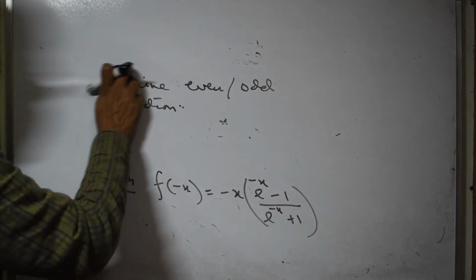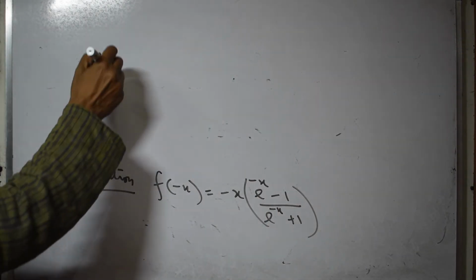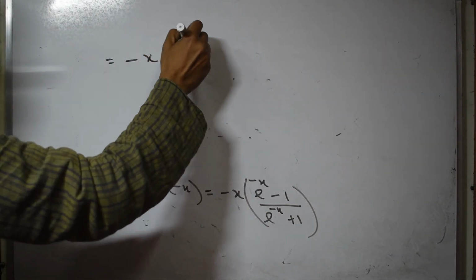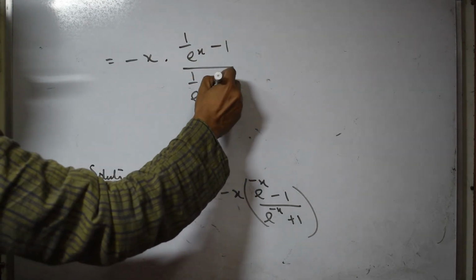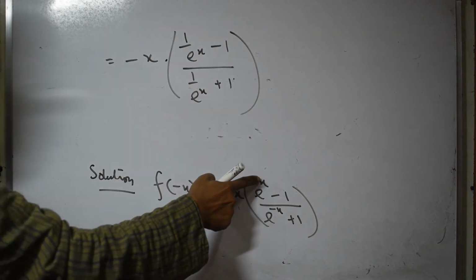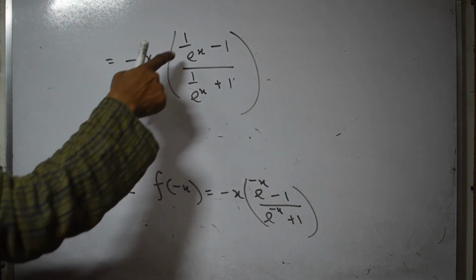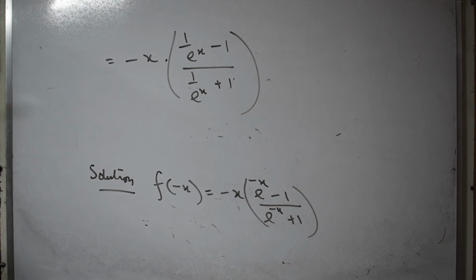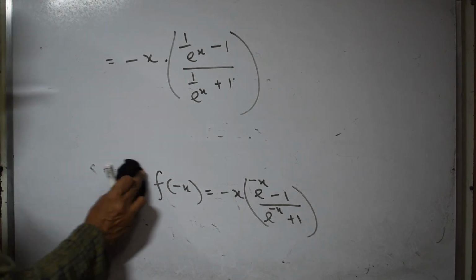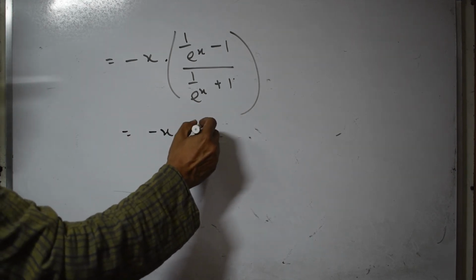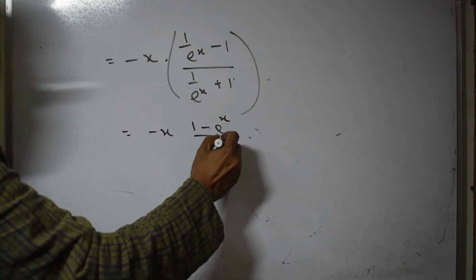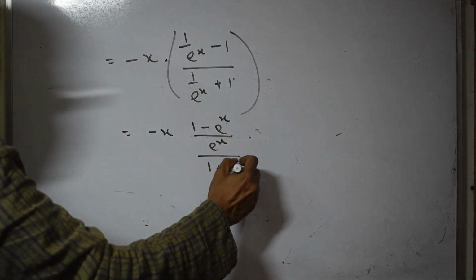So what is happening now? If you look at the expression, minus x into (1 by e to the power x minus 1) by (1 by e to the power x plus 1). What we have done: this e to the power minus x, the power is minus, so it takes the whole thing to the denominator, because something to the power minus makes it a reciprocal. Now we will take the LCM, minus x into (1 minus e to the power x) by (1 plus e to the power x).